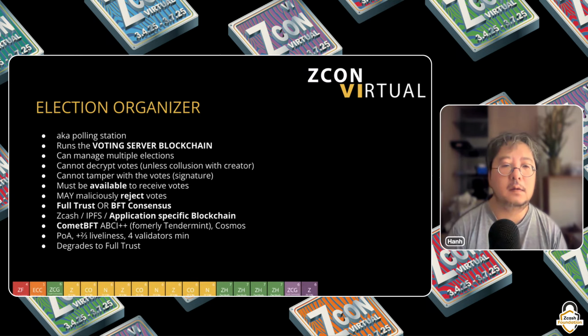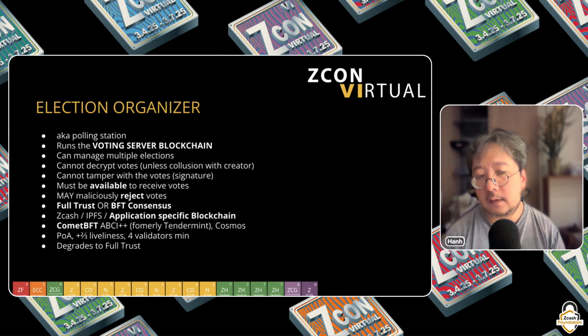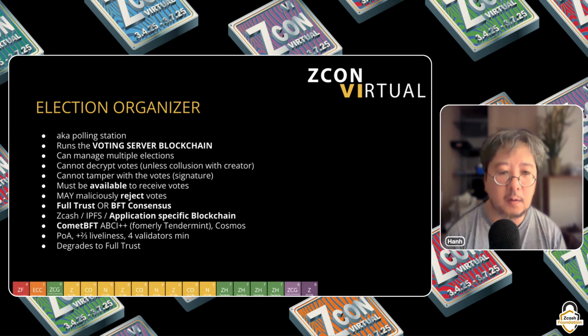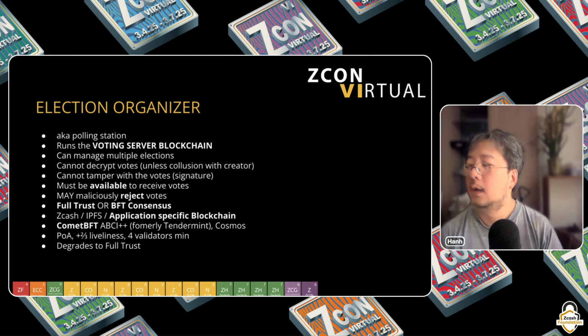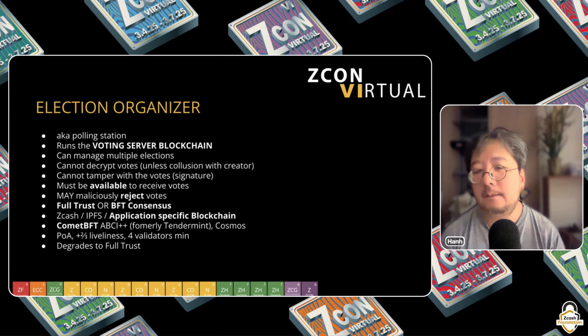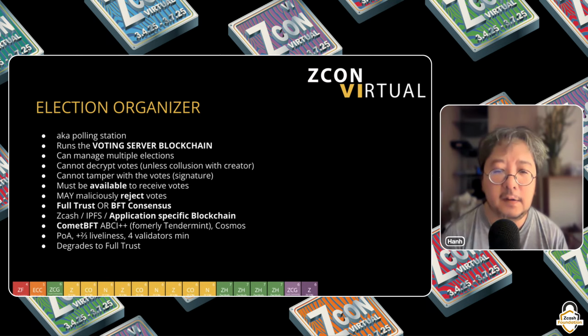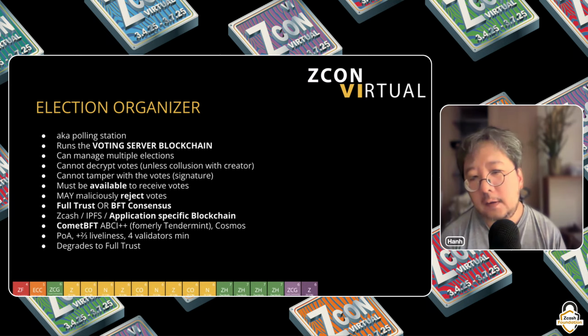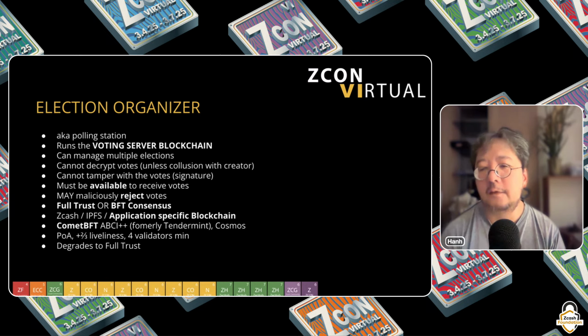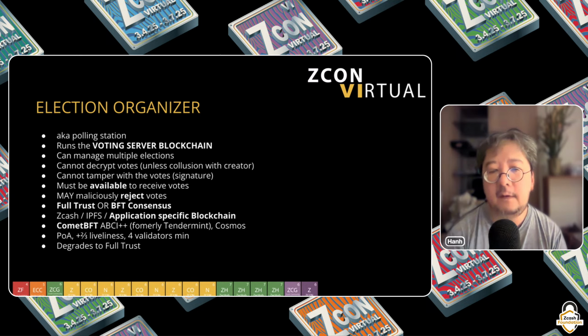And the technology that we use for that is CometBFT. This is a consensus library. It used to be called Tendermint, and that's the one that is used for Cosmos. So if you're familiar with Cosmos and IBC, the engine is CometBFT, and that's the one we're using.